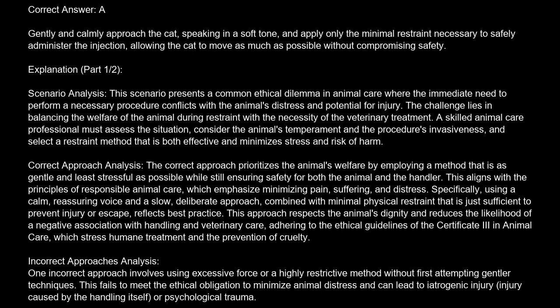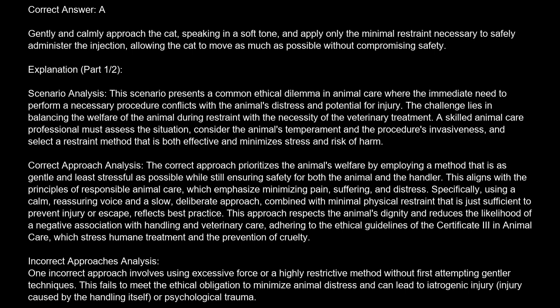Specifically, using a calm, reassuring voice and a slow, deliberate approach, combined with minimal physical restraint that is just sufficient to prevent injury or escape, reflects best practice. This approach respects the animal's dignity and reduces the likelihood of a negative association with handling and veterinary care, adhering to the ethical guidelines of the Certificate III in animal care, which stress humane treatment and the prevention of cruelty.